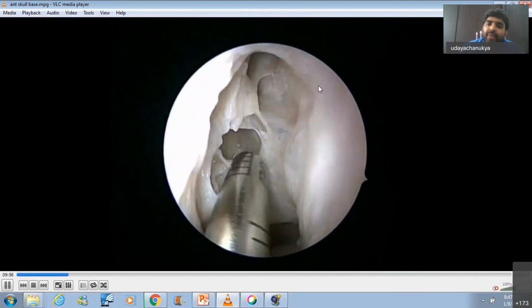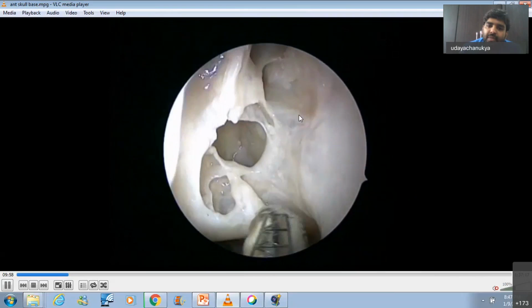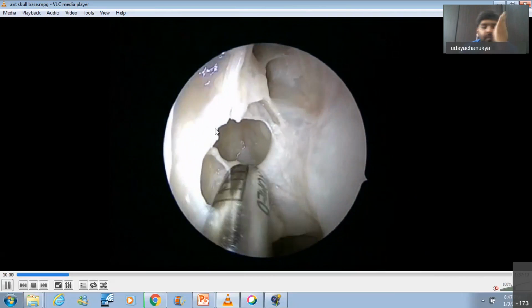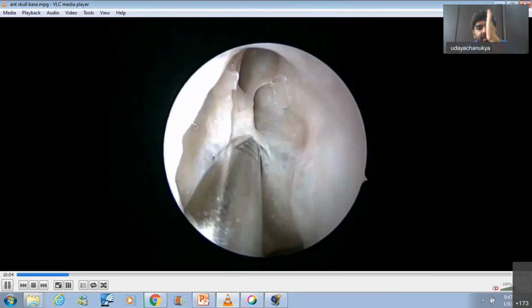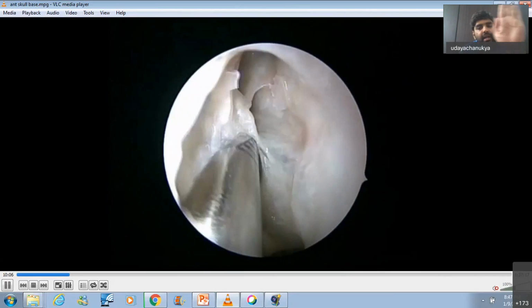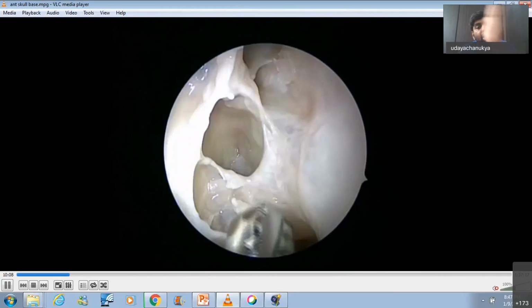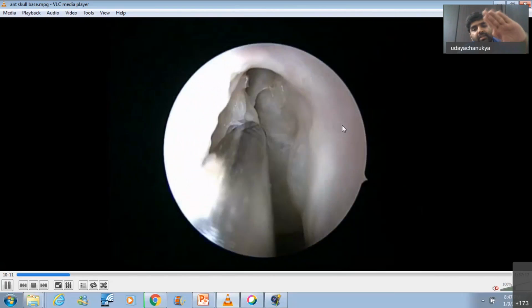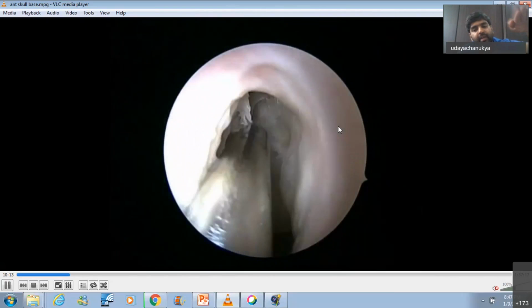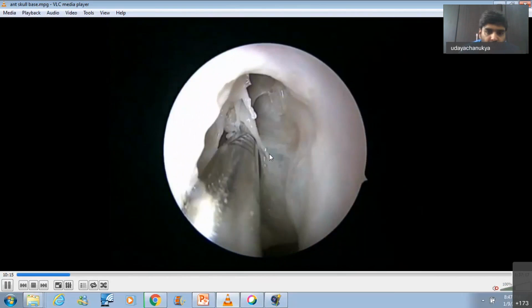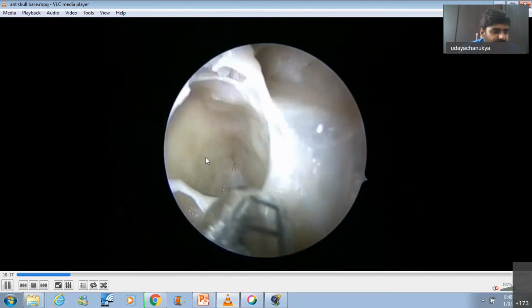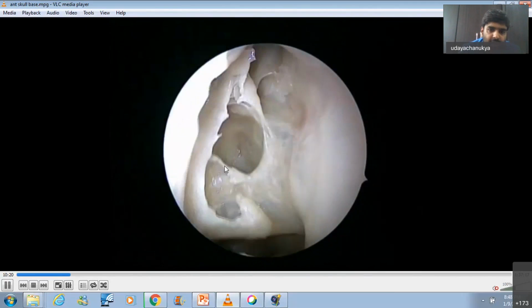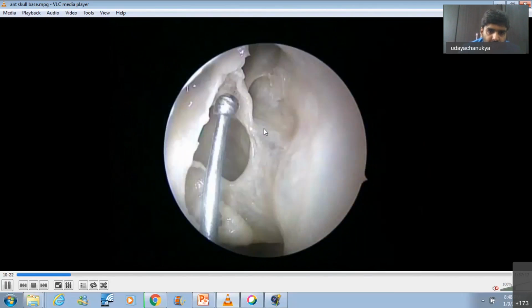See, this is the middle turbinate, and gradually you can see this middle turbinate transforming its axis orientation. Vertical orientation is slightly going to the coronal plane, and once it is completely coronal, it will completely become axial and attached to the lateral wall. So these are the small cells in the anterior ethmoids which are being removed.